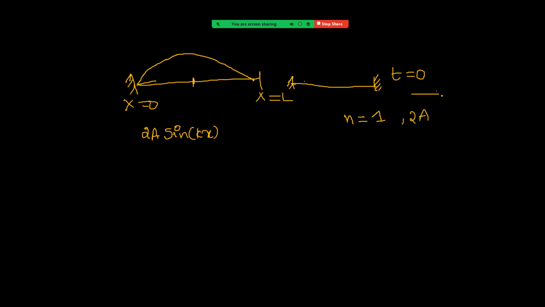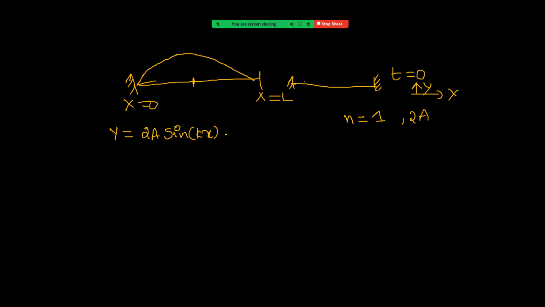Taking string length along the x-axis and oscillations along the y-axis, we write y equal to 2a sin kx. With sin kx, x equal to 0 is now a node, so x is 0 means sin kx is 0.